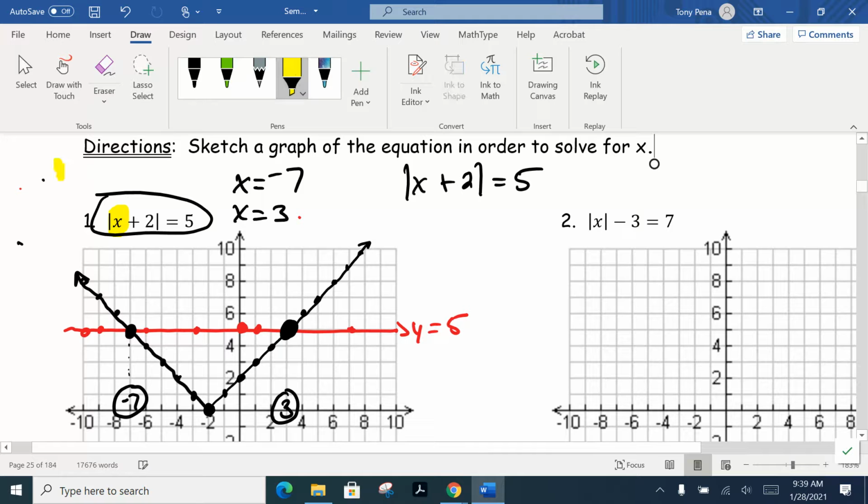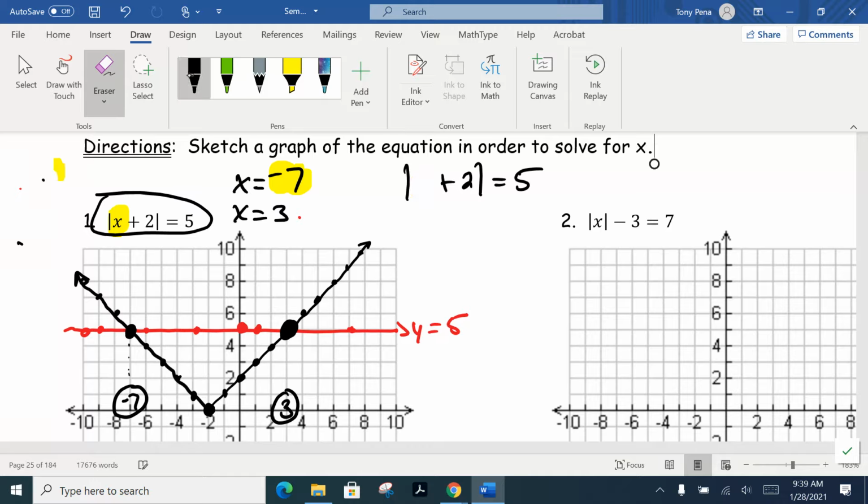Take this x as -7 and replace the x over there. If I do -7 plus 2, doesn't that give me a -5? But we know the absolute value of a -5 is a +5. Doesn't that make this a true statement, that +5 equals +5? So we know that's a solution.